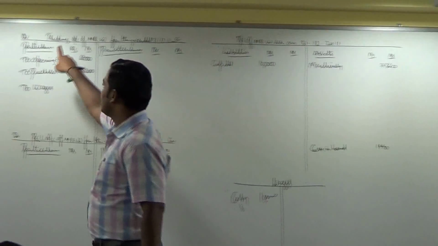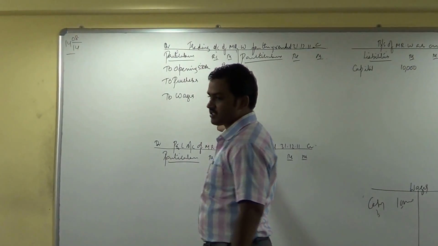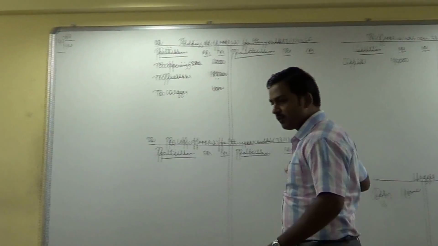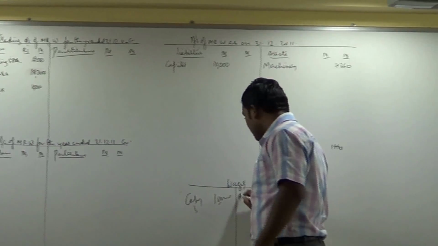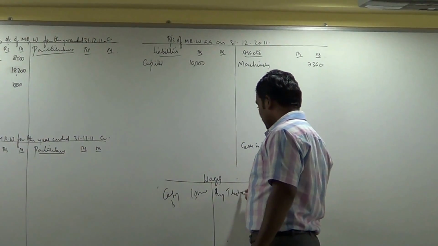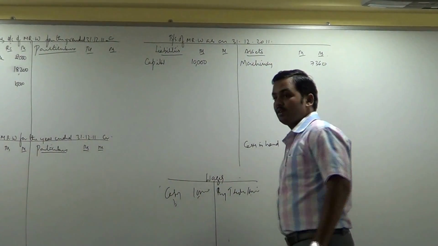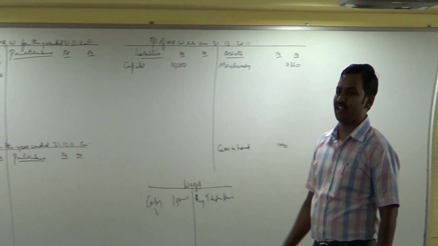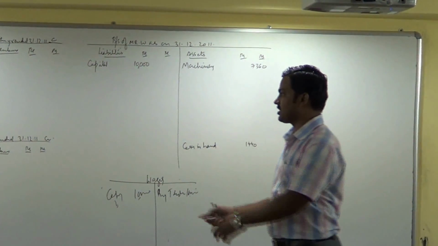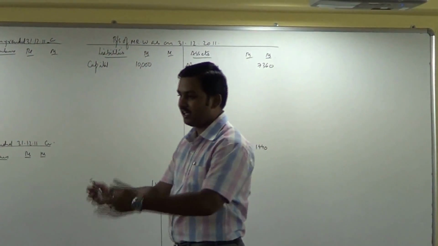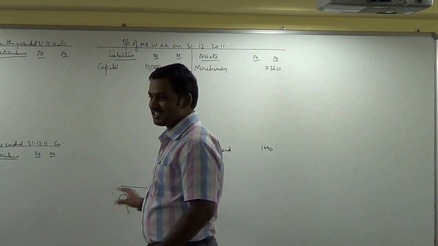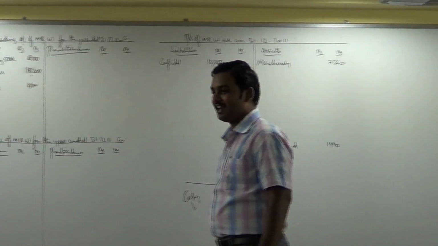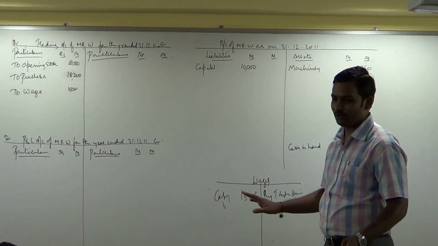What is the entry you have passed? Trading account debit, to wages. Trading account is debited. What will be the impact on the wages account? 'By trading account.' That means the wages account has been closed at the end of the year. The wages account has jumped into the trading account and died.